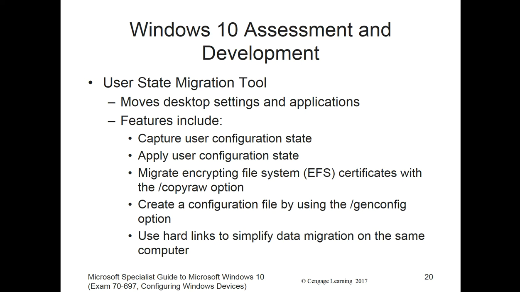We've got a User State Migration Tool, and that moves desktop settings and applications. The features include: it can capture user configuration state, apply user configuration state, migrate Encrypting File System certificates with the copy raw option. And we can create a configuration file by using the genconfig option. Use hard links to simplify data migration on the same computer.